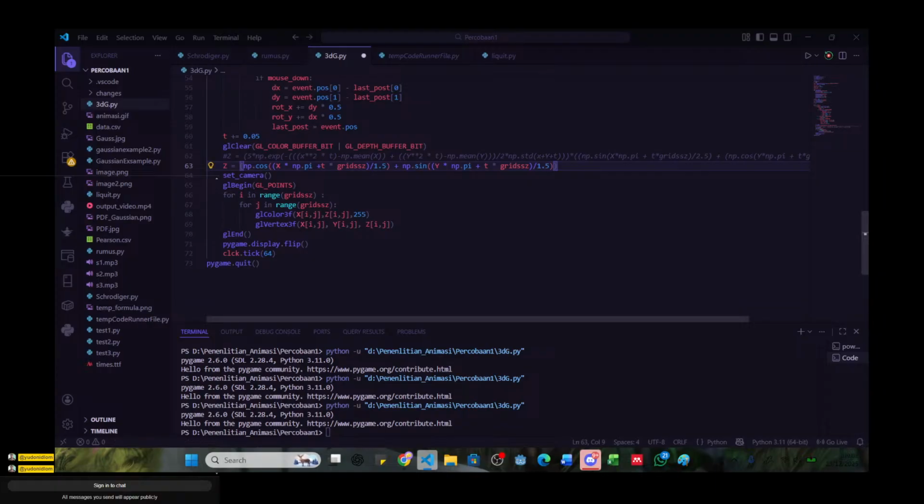Maybe I'm gonna add a lambda, but no, I'm not gonna use a lambda here. So let's just do this. First, we must set the constant here. The constant is 5, because 5 is the maximum value of theta here.